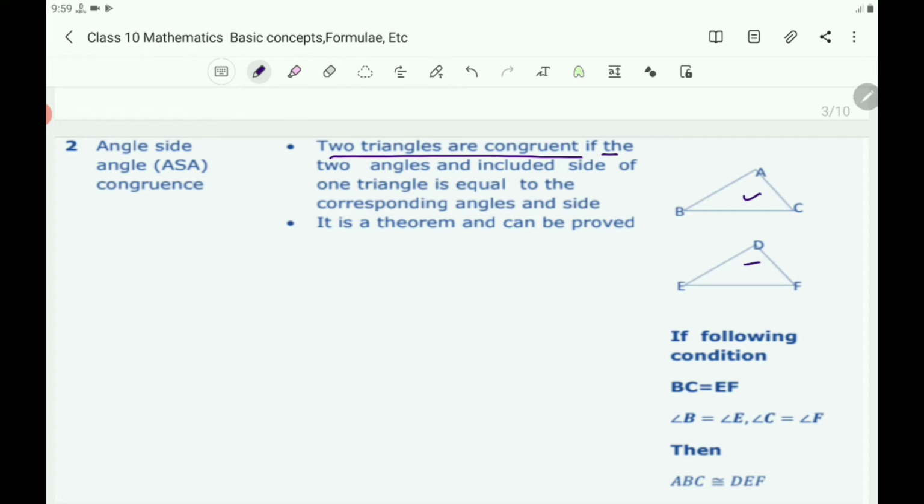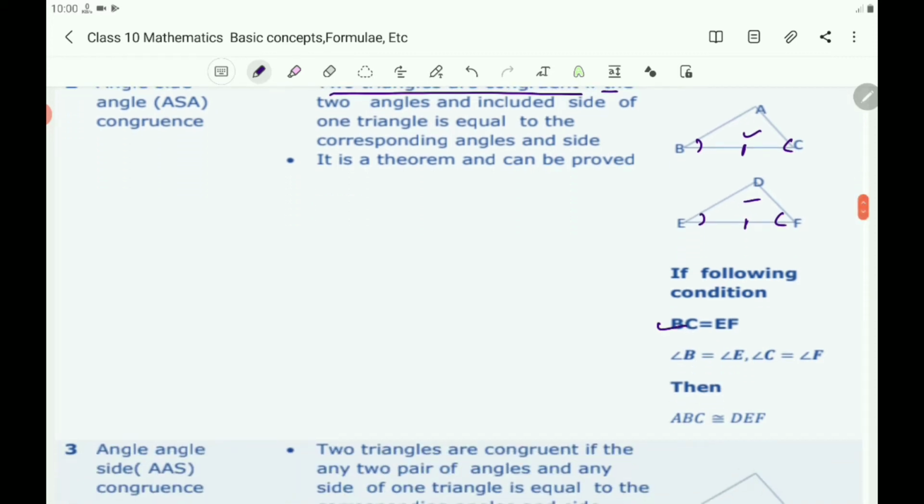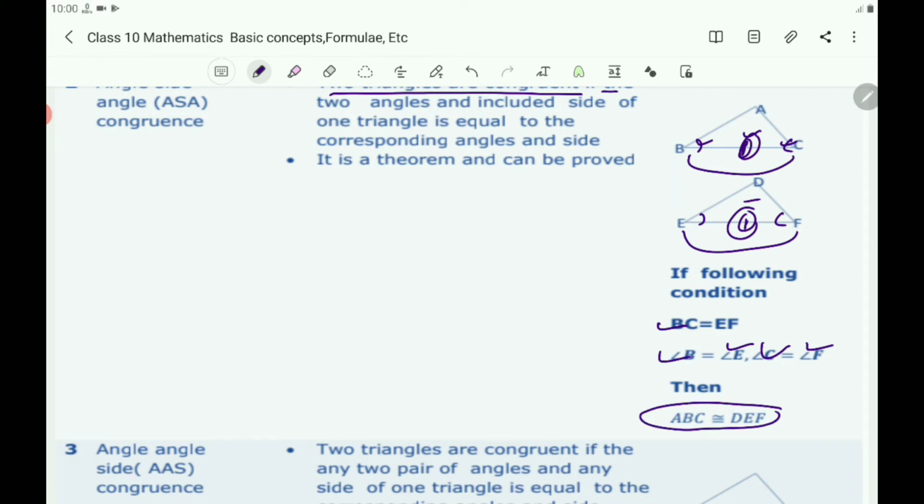If you take these two triangles, if B equals E and C equals F, and BC equals EF, then the common side and two angles are equal. Then you can say that triangle ABC is congruent to triangle DEF. That is the ASA congruence rule.